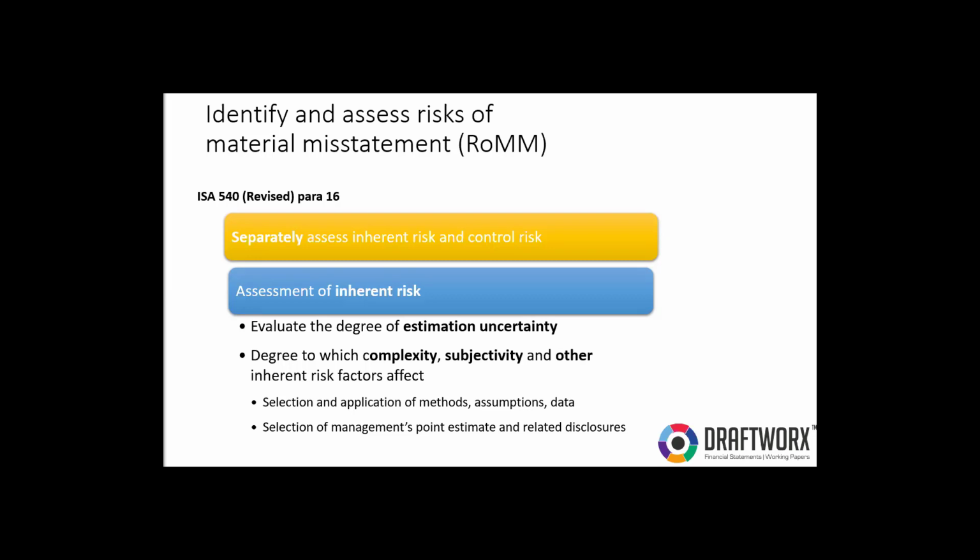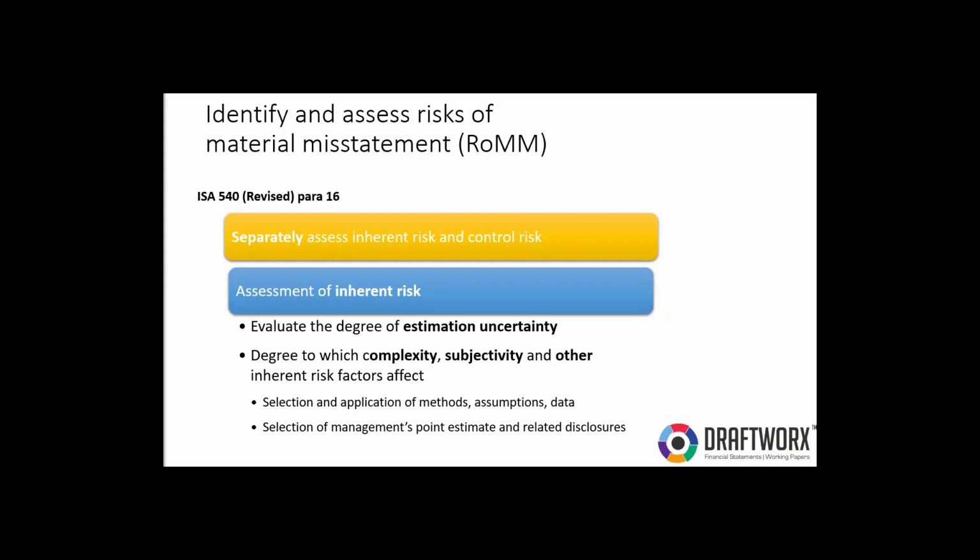So you can see now as part of inherent risk, you specifically consider estimation uncertainty, complexity, and subjectivity, and then any other factors that you might think of in addition to that. But these three terms, estimation uncertainty, complexity, and subjectivity, must be very specifically considered as part of your risk assessment.